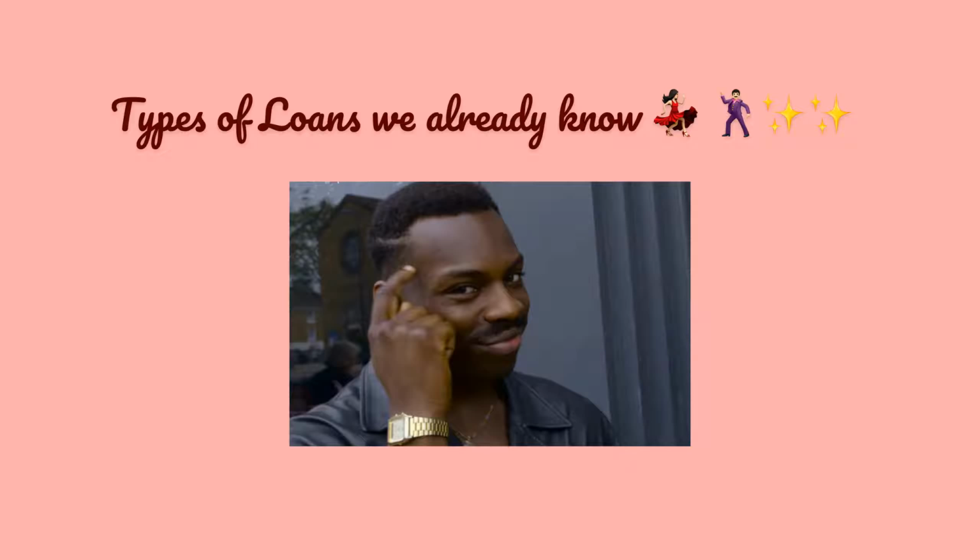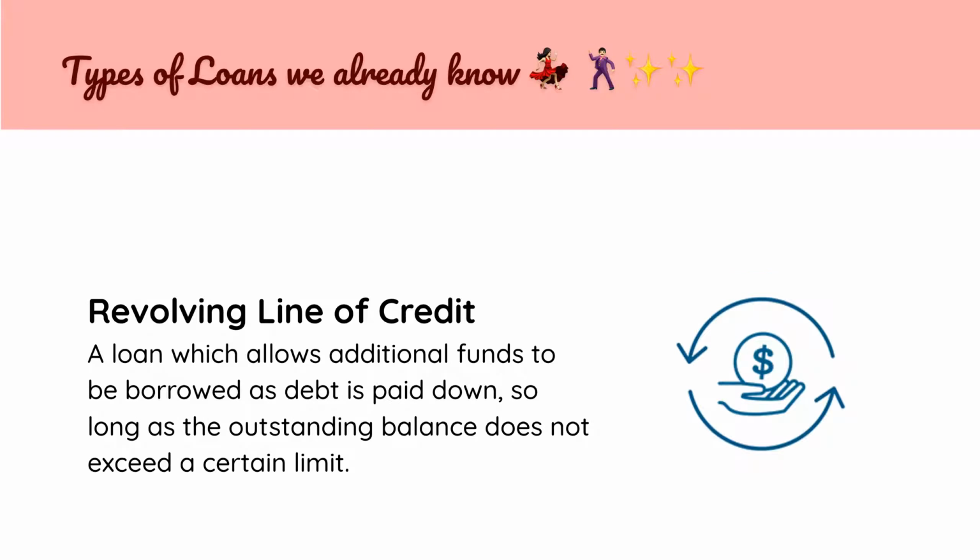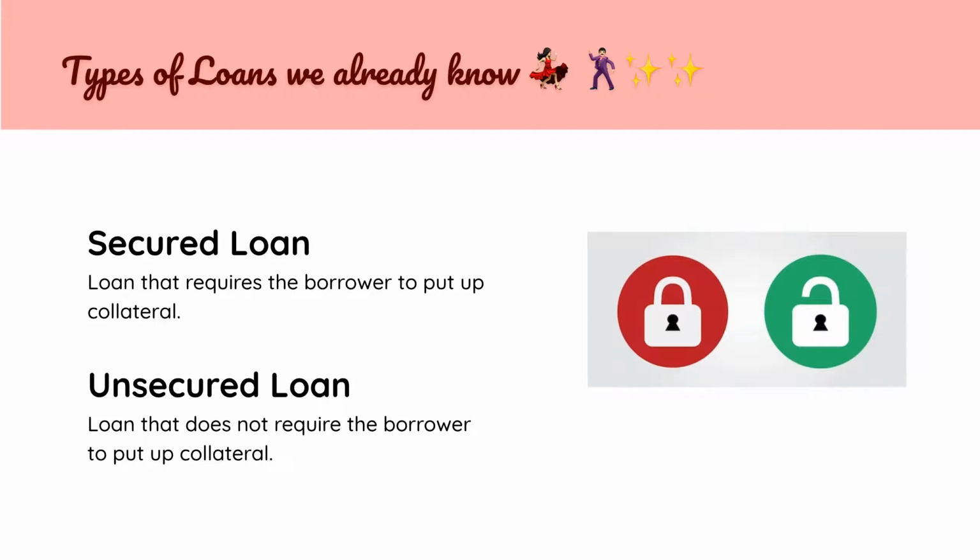And let's continue with some loan terms we also already know. Consumer credit, which is a loan or line of credit extended to an individual in which the proceeds are used for multiple purposes. Revolving line of credit, which is a loan that allows additional funds to be borrowed as debt is paid down, as long as the outstanding balance does not exceed a certain limit.